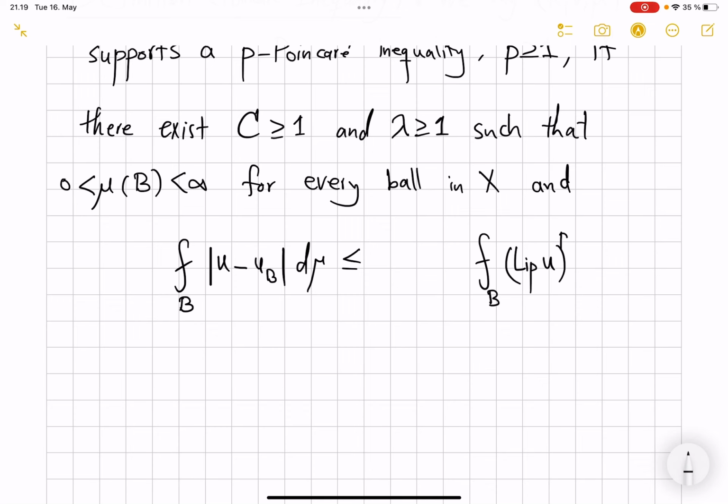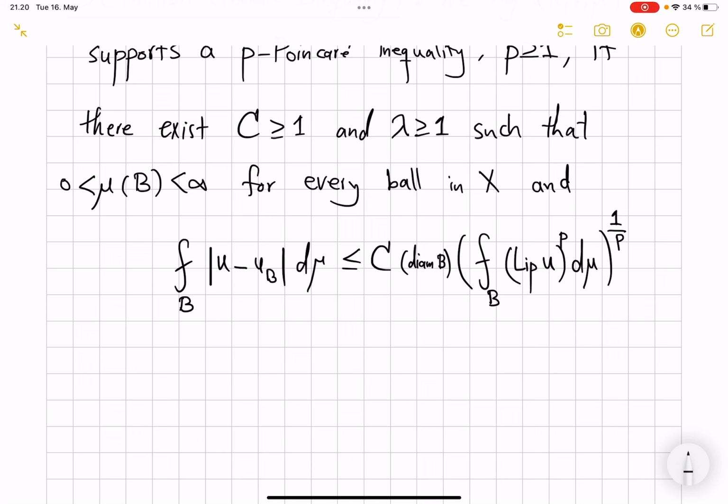And being a p-Poincare means that the p-integral to the power 1 over p, from L^p. So this is basically the L^p norm of the local Lipschitz constant. And even in the Euclidean case, this will not be true without this diameter of the ball multiplied here and the constant C.